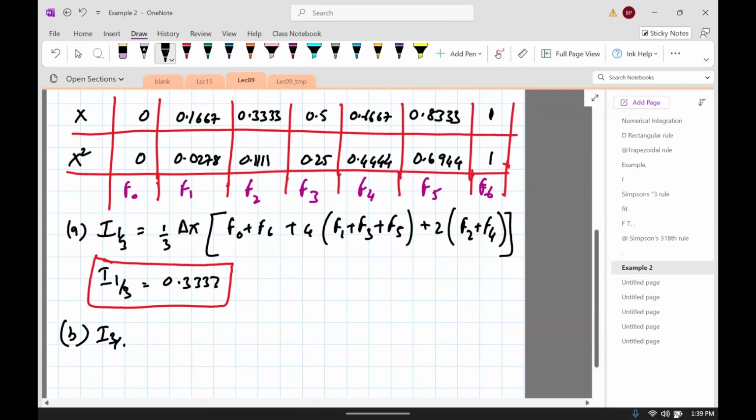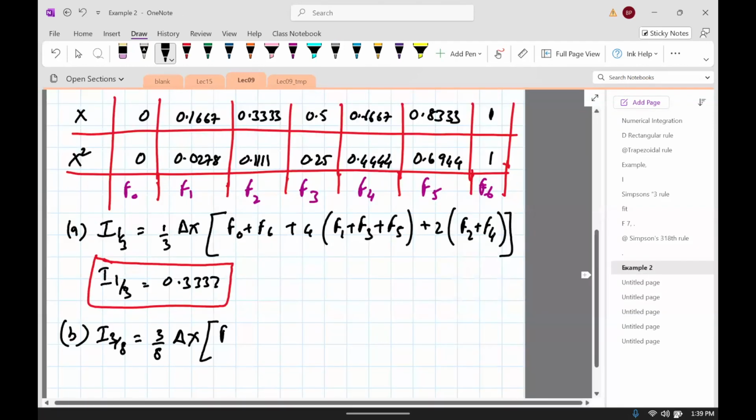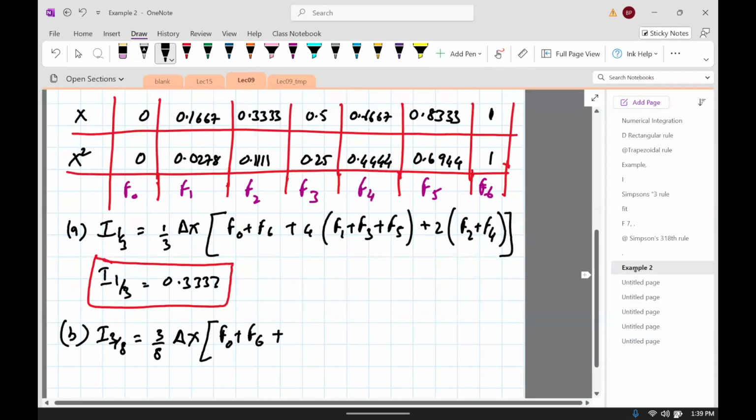So for the 3/8 rule, it's 3/8 delta x. And then we go to this formula, and we see it's f0 plus fn, so the first and the last term. The first term is f0, the last term is f6. And then we have 3 times 1, 4, 7. 7 doesn't exist, so it's just 1 and 4. So we do f1 plus f2, and then f4 plus f5.